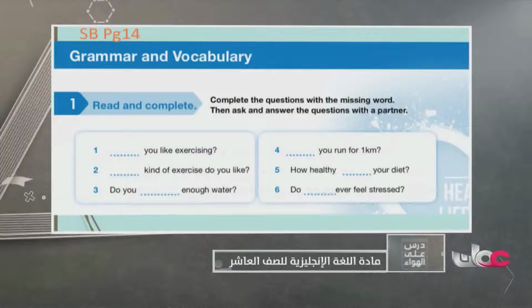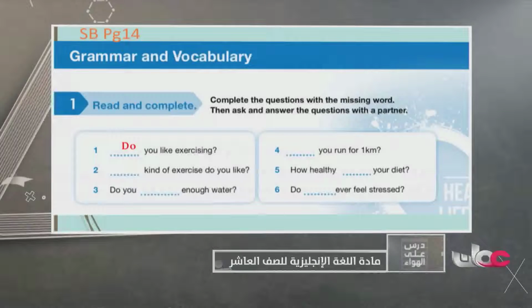So now let's do these together and then we will check our answers. So the first one, what is missing here? Can we put an auxiliary verb or a WH question word? So number 1, do you like exercising? Can we say what you like exercising?